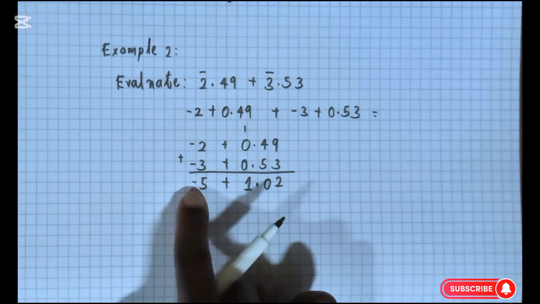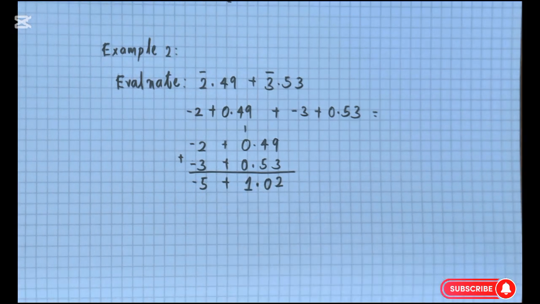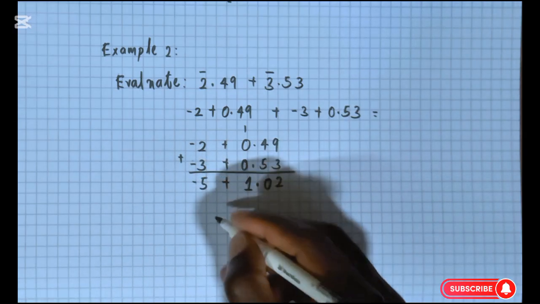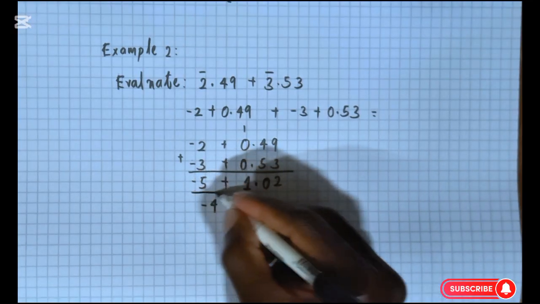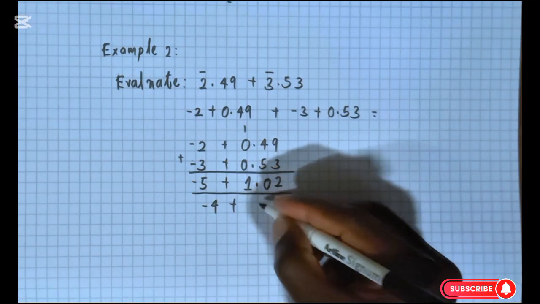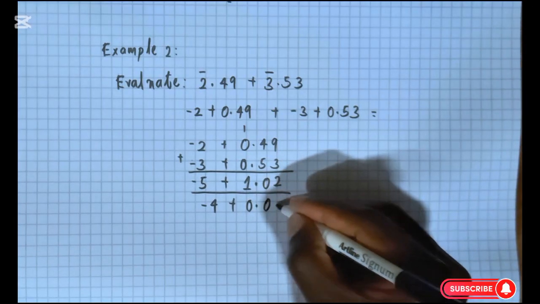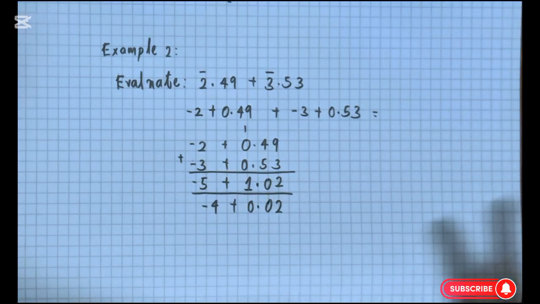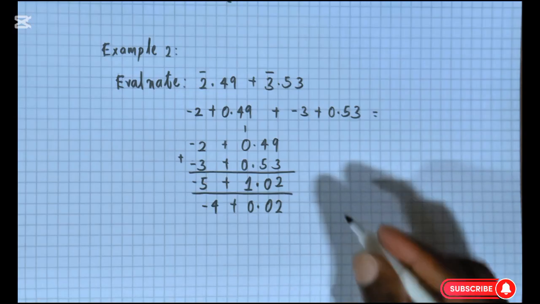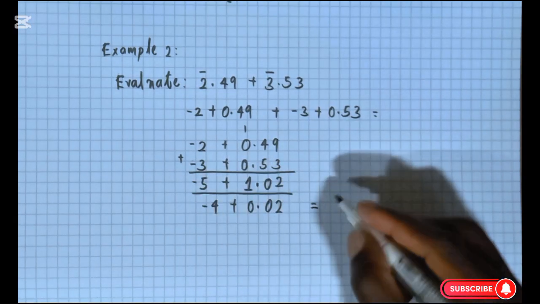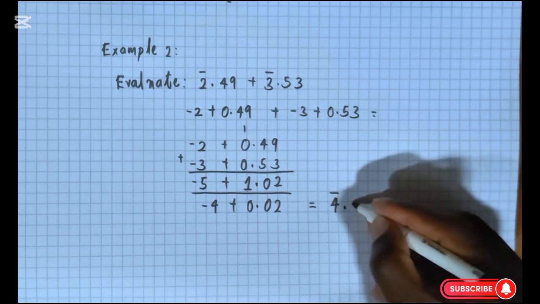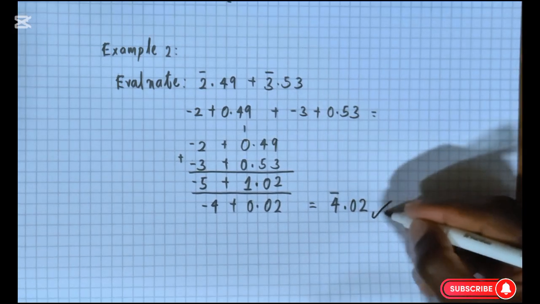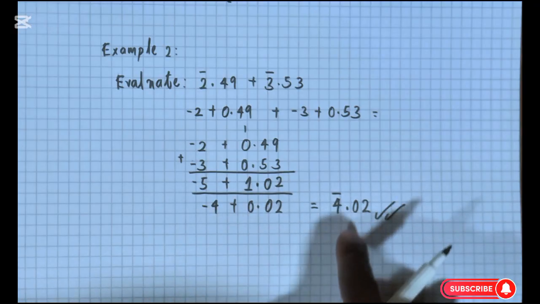I'm going to take -5 plus 1, and that gives me -4 plus 0.02. Now this number becomes easy to write in bar format: I just have the bar sign and 4 underneath, 0.02. Therefore this becomes our answer, bar 4.02.